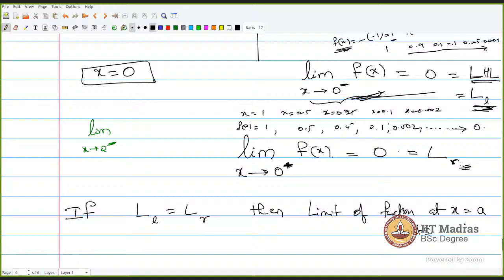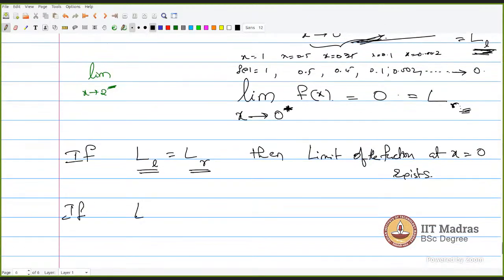I just said a because it can be any point. Here it is 0, it can be 2, it can be 1, it can be any real number. If my left hand limit and right hand limit are equal, then I will conclude that the limit of that particular function at x equals a, or here x equals 0, exists.